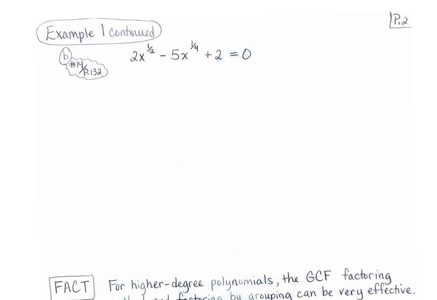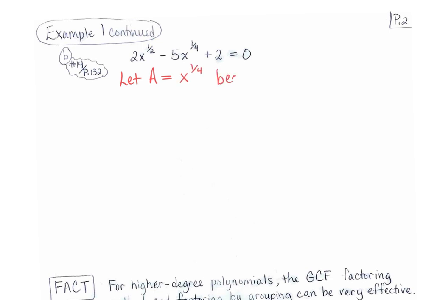We're going to start out by saying that we're going to let a be equal to x to the 1/4.